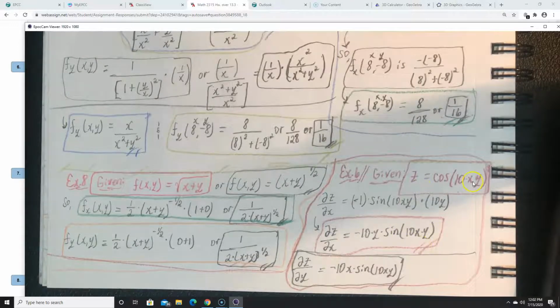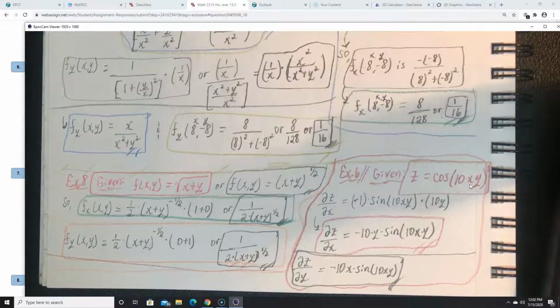Differentiate this partially with respect to y. Well, again, the partial derivative of z with respect to y is equal to the derivative of cosine, again still the negative 1 times sine of the same inside expression, times the derivative of the inside expression, but this time with respect to y. And so the 10 times x is fixed.